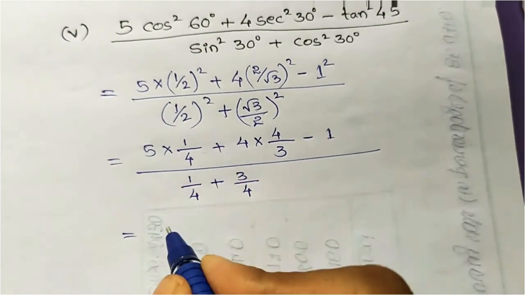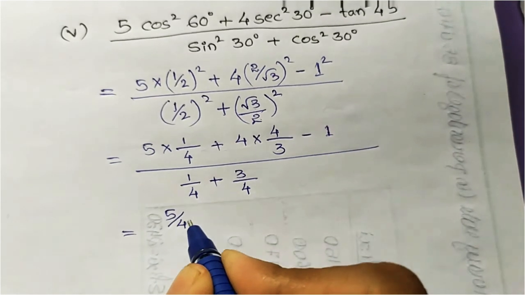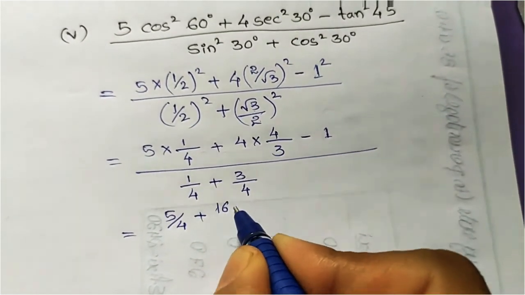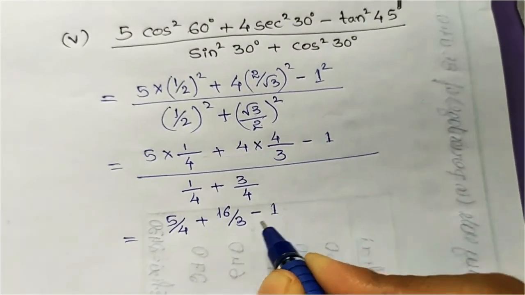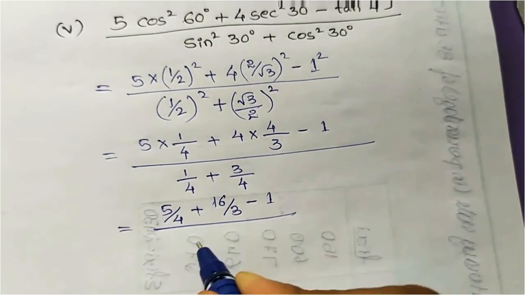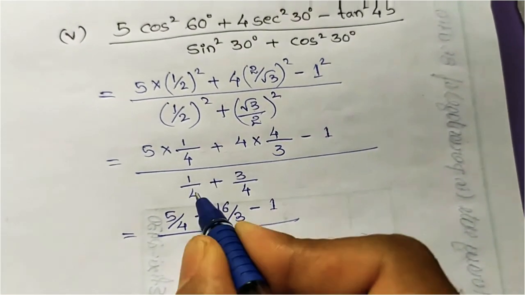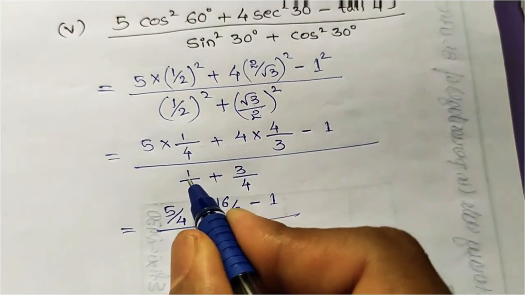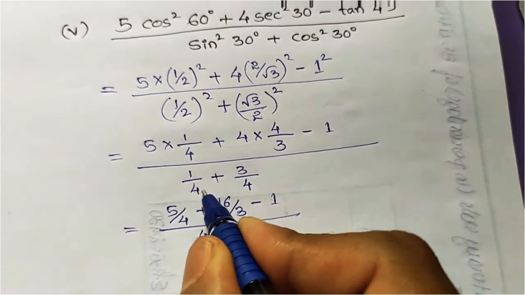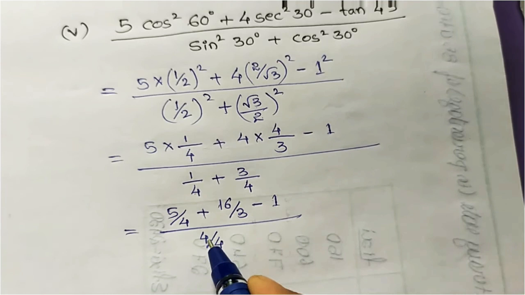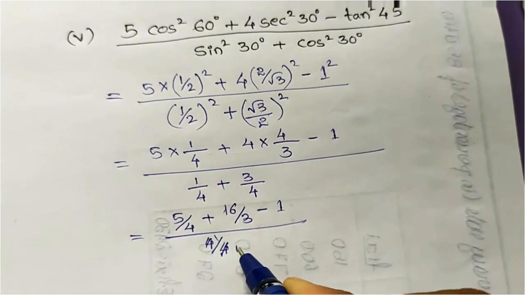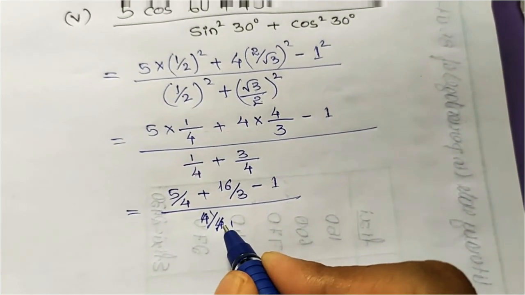Okay, 5 ones are 5 by 4, plus 4 fours are 16 by 3, minus 1, whole divided by it will be 4 by 4. If you add the denominator side, 1 plus 3 it is 4, 4, no need of taking LCM, it will be 4 by 4. So now here we got denominator 1.